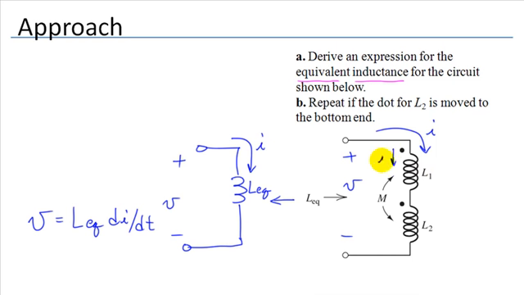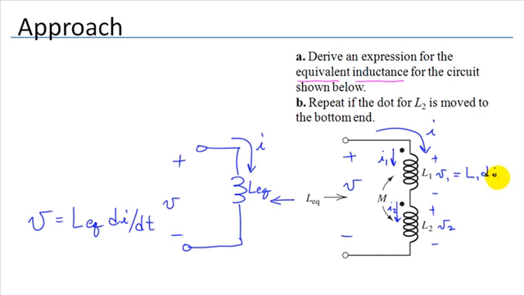Now over here, we observe that we've got an individual voltage that appears across each inductance. So what I'll do is make specific labels to keep track of the individual voltage and individual current for each inductor.